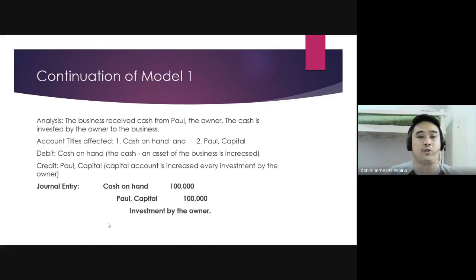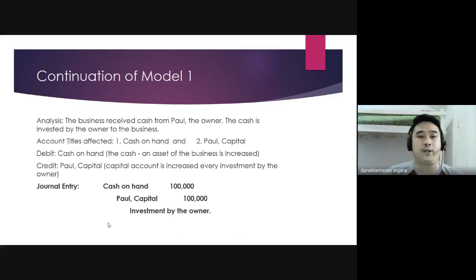We put it in the capital account under the owner's name. For example, if I am the owner, it could be Daniel Capital, as long as I can identify my name in the capital account.